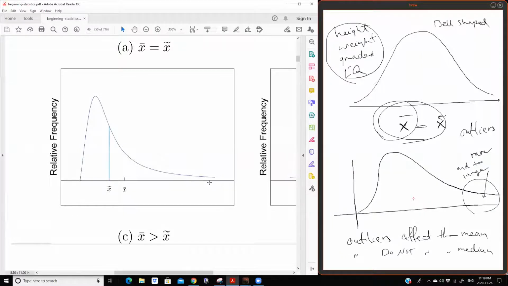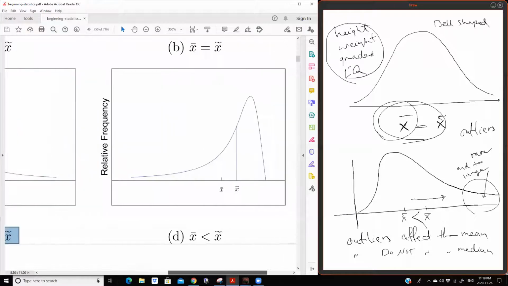So in this case, the mean is going to be maybe around here, but the median that is not affected by the outliers is going to be here. So for this scenario, the mean is going to be greater than the median in a situation like this, if you have the outliers on the right.